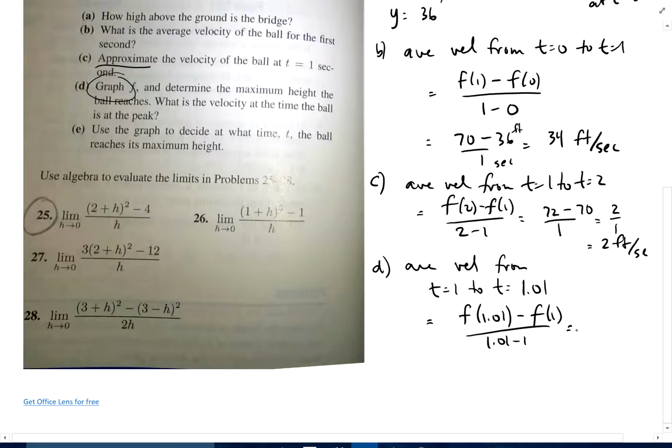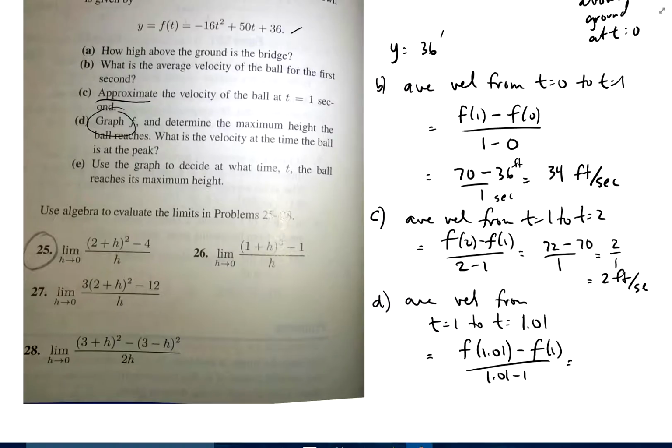And so now I've got to come over here on my calculator and put it in. And this might take a couple seconds, so I'm going to pause it. Okay, so we do f of 1.01 and we get 70.17, minus f of 1, which is 70, divided by 0.01. We get 0.17 divided by 0.01.